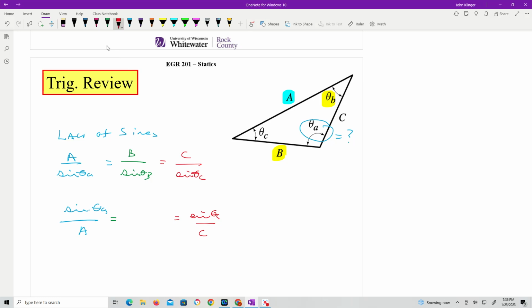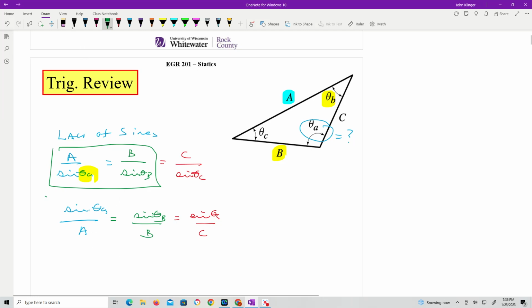So you can have it either way. It's just a ratio, and as long as you know 3 of them, you can find the 4th one. So in this case, we don't know theta A, and that's what we're going to solve for. So we can use these, and we can solve for it.